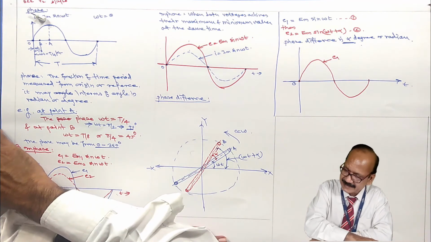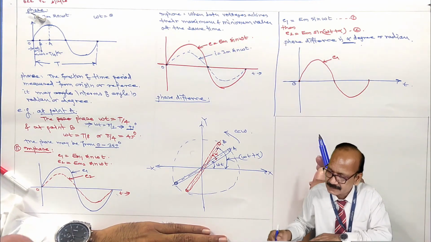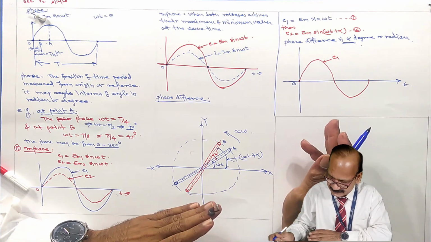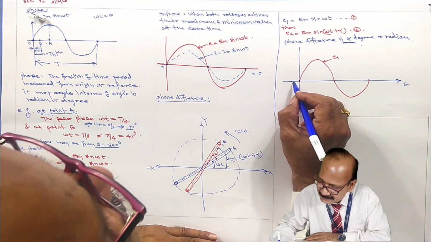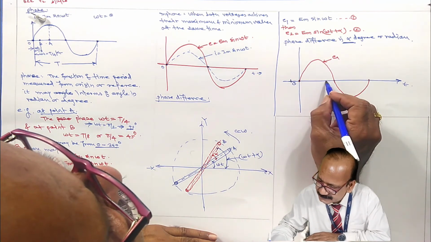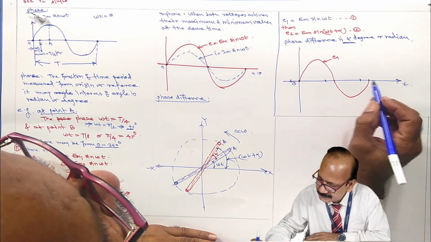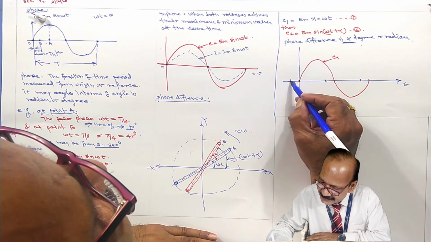And now the second EMF, E2, achieves its maximum and minimum values earlier than E1, and has the same magnitude.